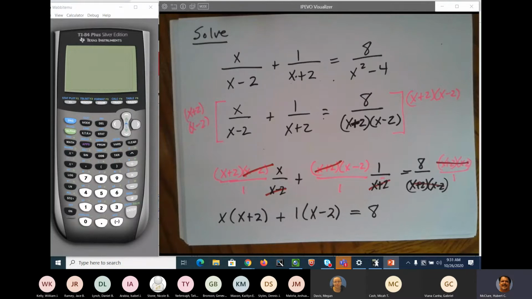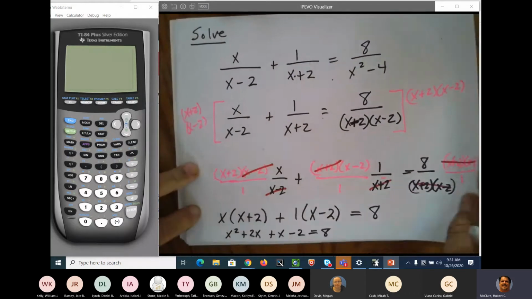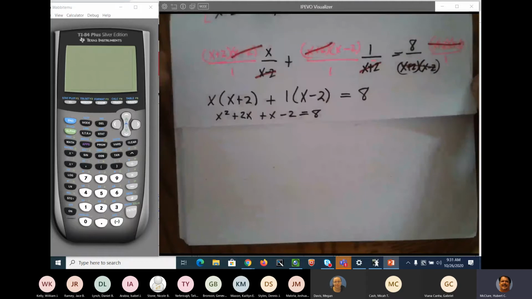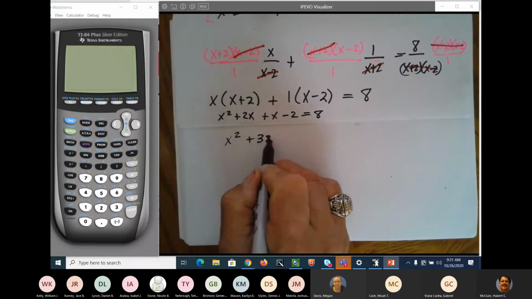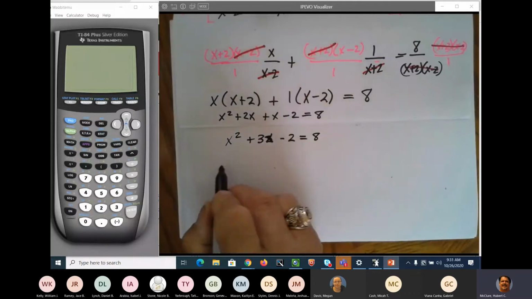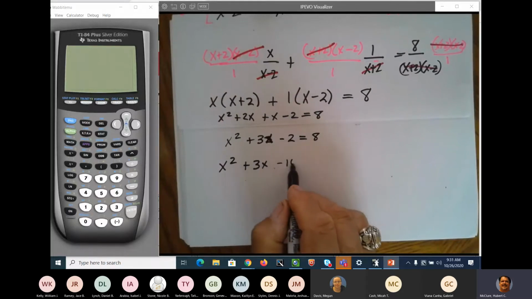Okay, so x squared plus 2x plus x minus 2 is equal to 8. x squared plus 3x minus 2 is equal to 8. x squared plus 3x, negative 2 minus 8 is negative 10.